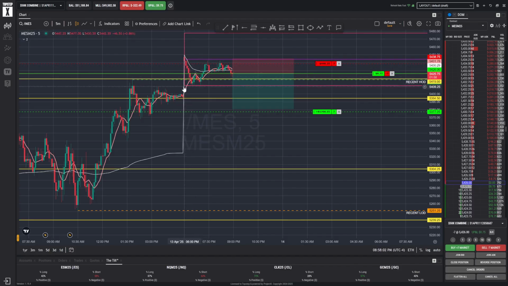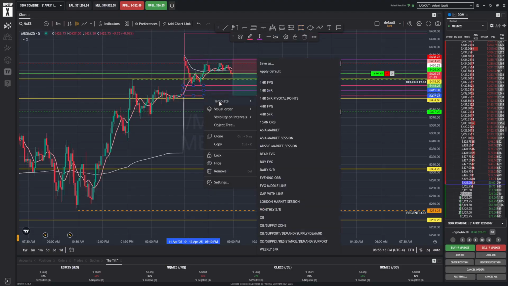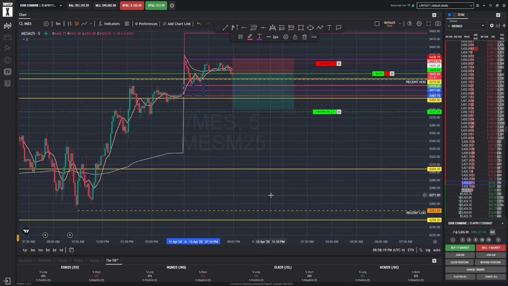But also keep in mind that this space right here is a gap. There's a gap here, so this gap needs to be filled. So I'm gonna set a gap indicator here for me, a gap drawing, excuse me, which is right here. We right click that template. Where is the gap? Gap with the line. I like to use the line because always, 50% fill of that gap.